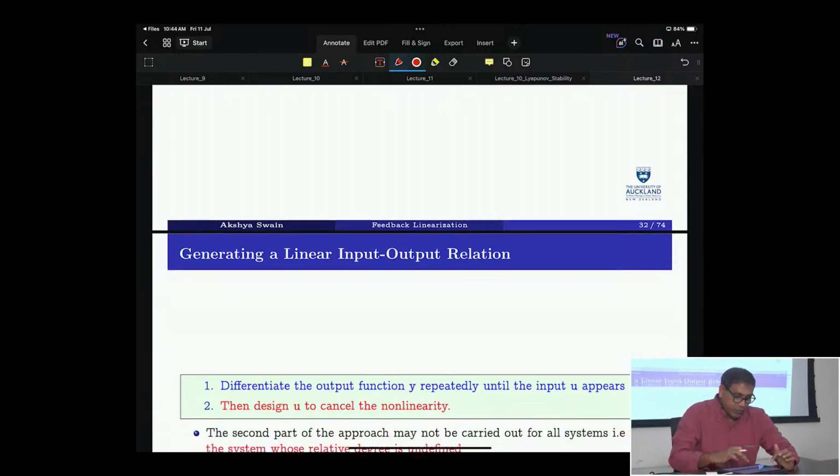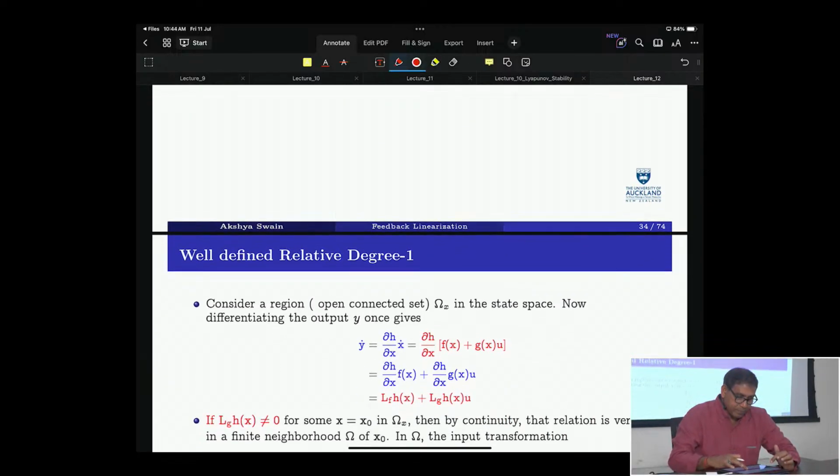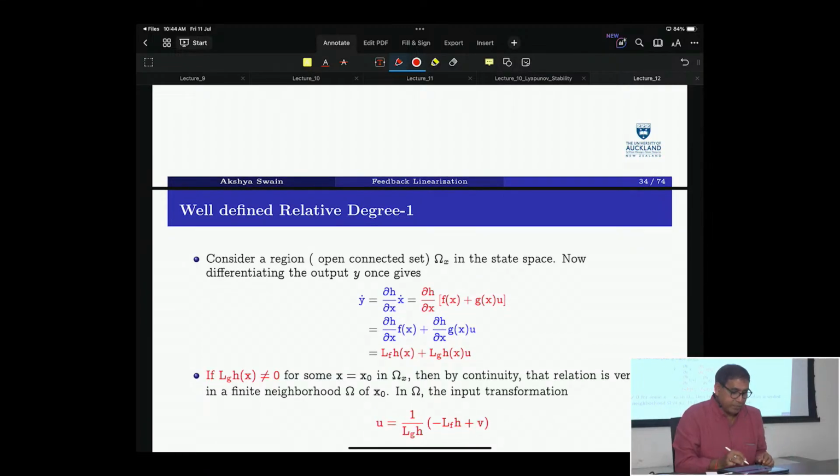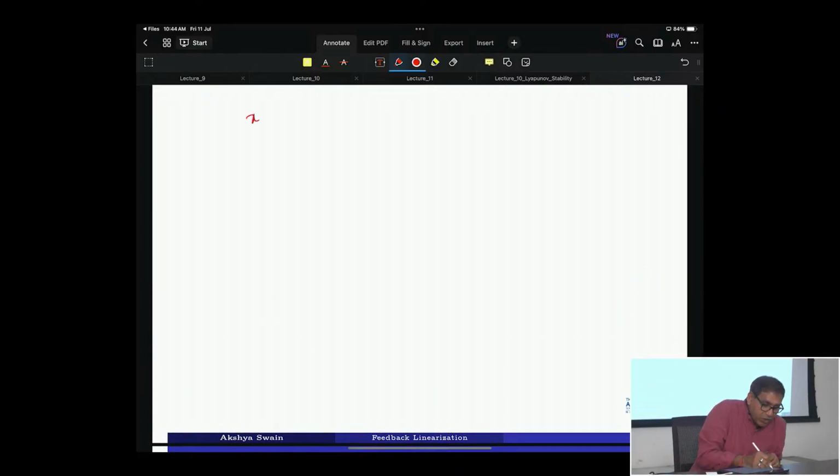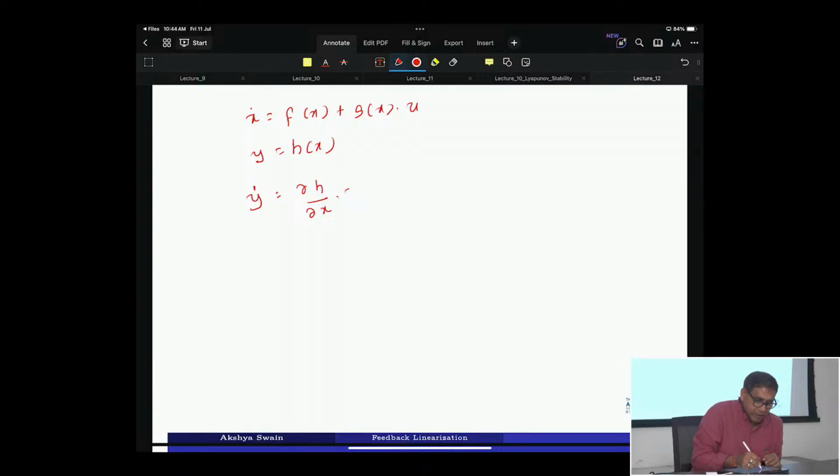This much of derivation I will do, otherwise you cannot understand. y dot is equal to del h over del x times x dot, which is del h over del x times (f(x) plus g(x) u).